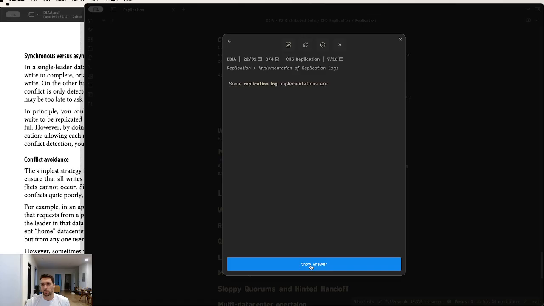Some replication log implementations are... oh, write ahead log shipping, statement based, row based, so you literally just store the rows. I did statement, WAL, row.